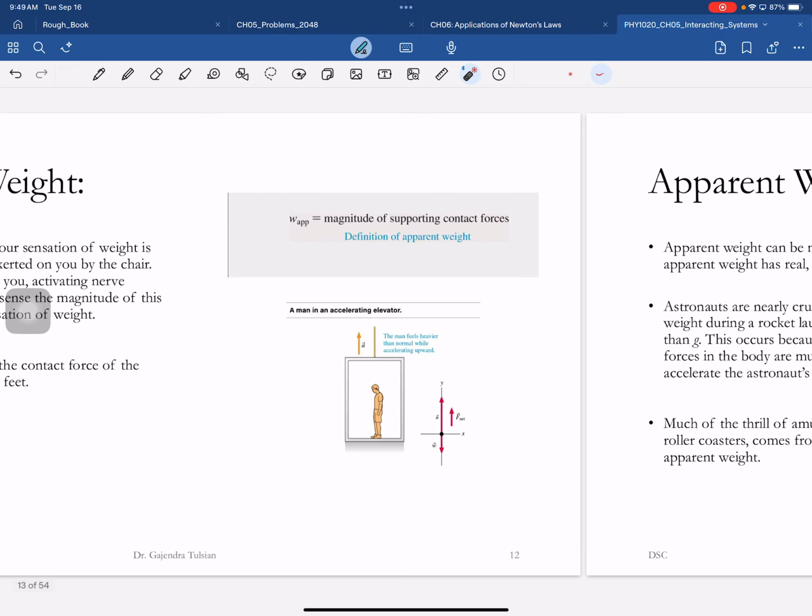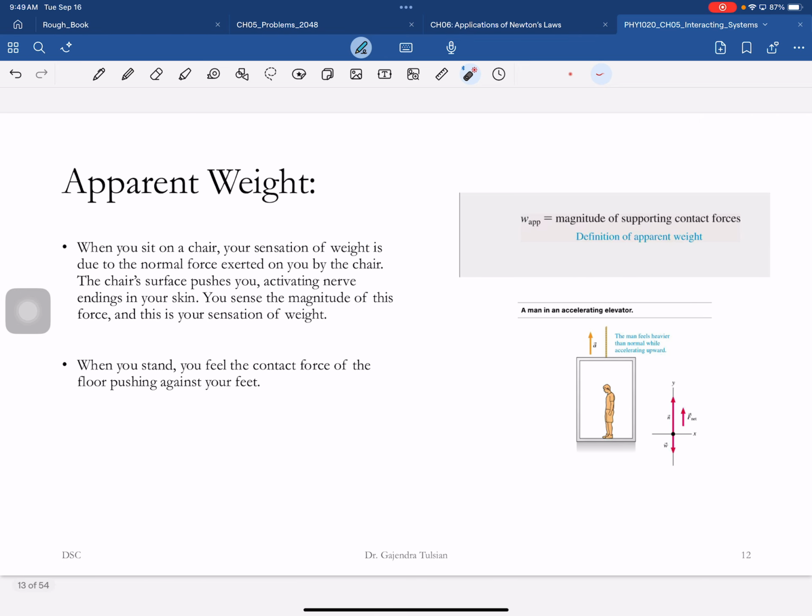All right, so what this diagram shows you is an elevator accelerating upwards. When an elevator is accelerating upwards, gravity is pulling him down, and the force with which the floor pushes you has to be greater than that so that the net force can accelerate you.